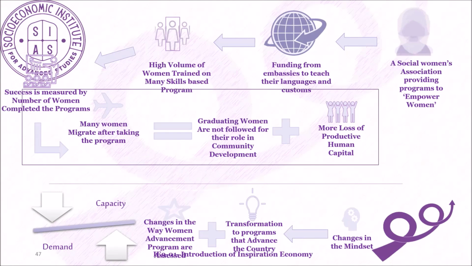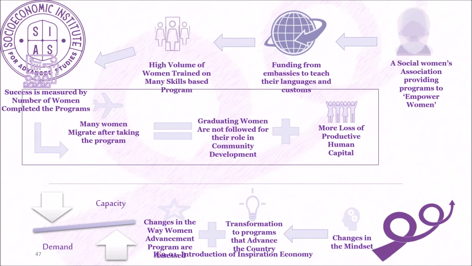And as I told you, always inspiration economy looks at development, not empowerment. So we focused on the funding that they get from the embassies from around the world and from their beneficiaries, which is focused on languages and customs. Customs, I mean tailoring and so on.